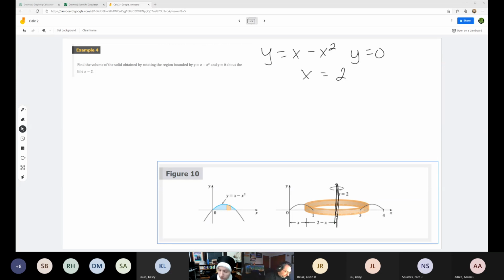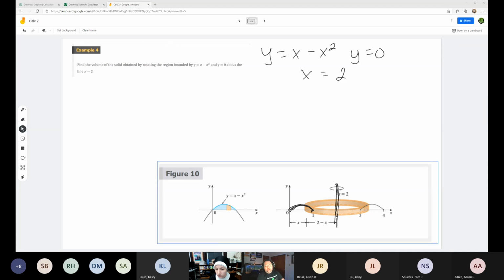So my function, since I'm rotating around 2, this function stops right there. So it goes down. So I do have an inner and an outer part to this one.